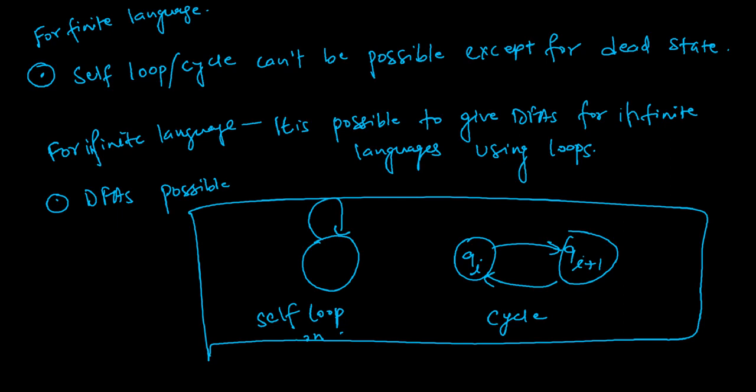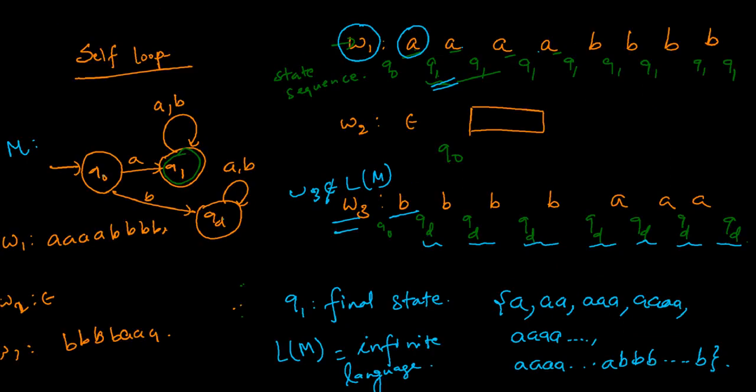Okay, one more thing. In case of infinite languages, you will see the states repeating. This is one example of an infinite language, where we have the self loop on the final state, which is why you see the final state repeated.